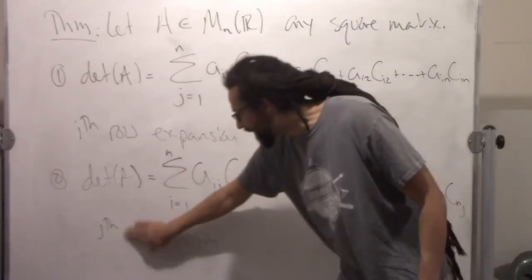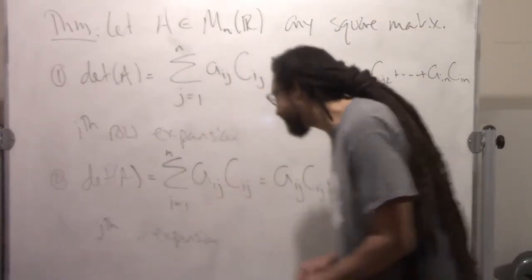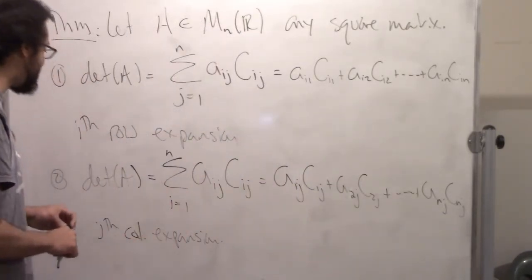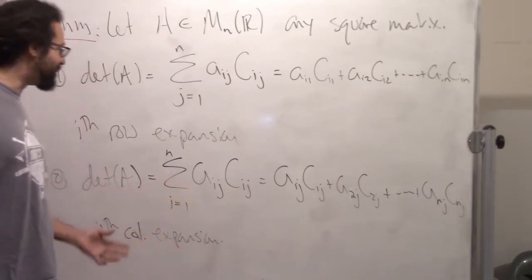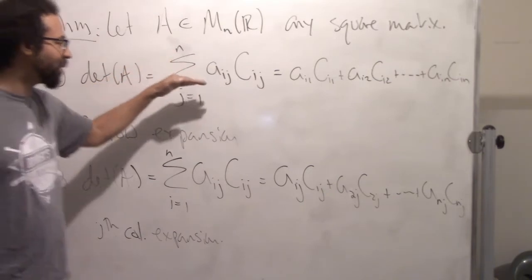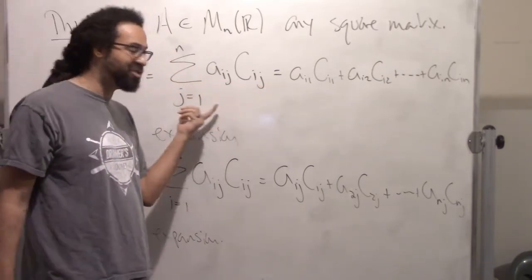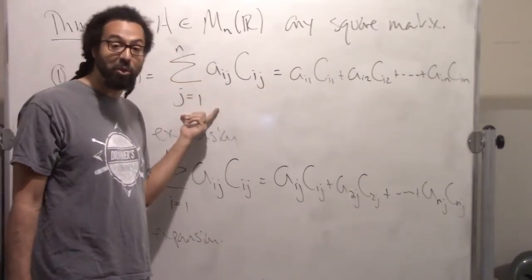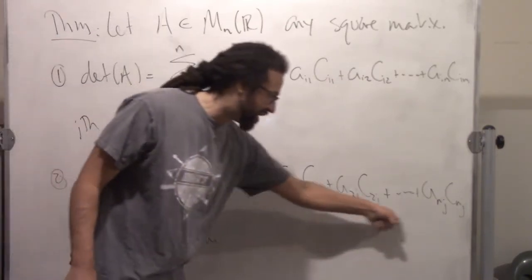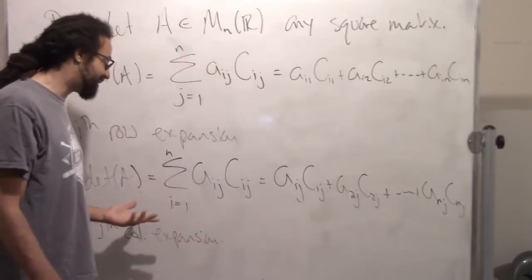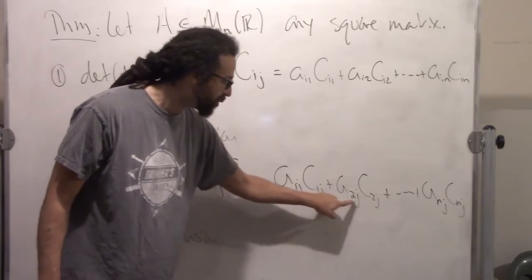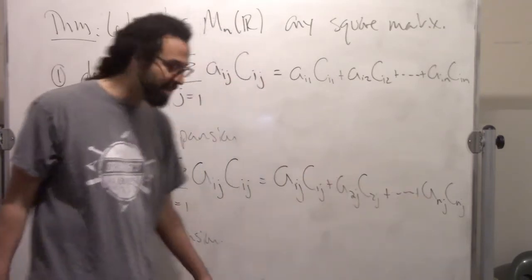And then the jth column expansion. Sorry, so this is columns, not rows. So the jth column expansion looks roughly the same, only instead of letting j vary from 1 to n, where we fix the ith row and let j move, let the columns move, here we will fix the jth column, right, so j everywhere, and then we let the ith row move, so row 1, row 2, row 3, blah, blah, blah, row n.